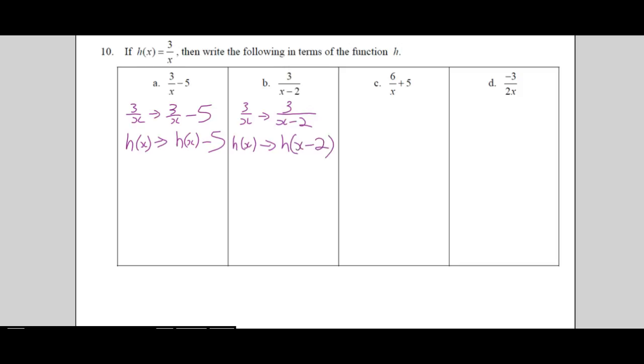So really, you're just looking at this and saying, oh, the x was replaced by an x minus 2, so let's replace the x with an x minus 2. But now I've got 6 over x plus 5.